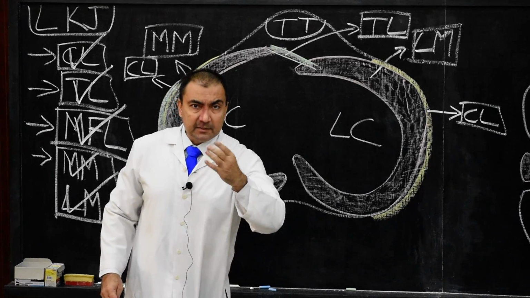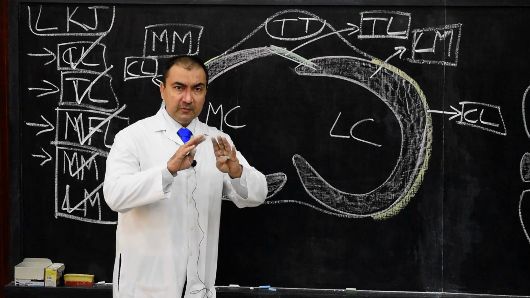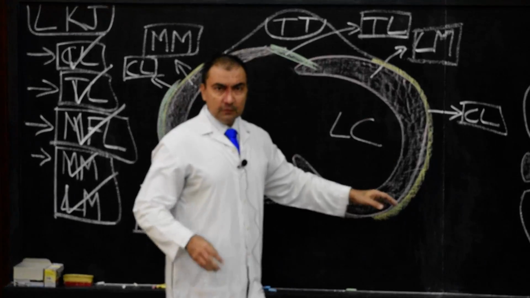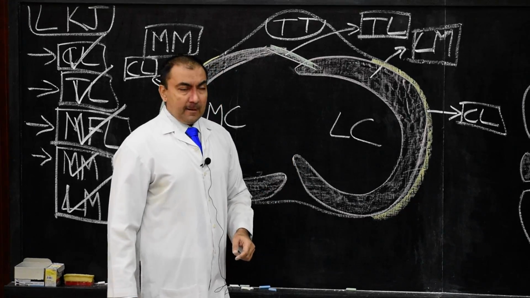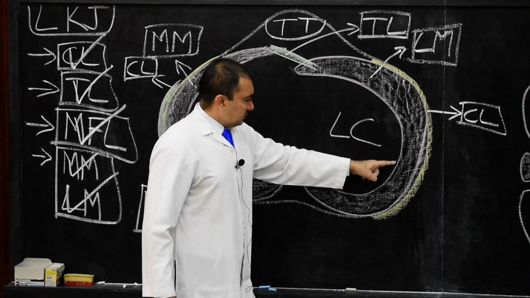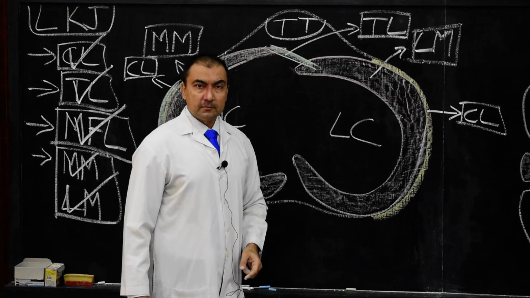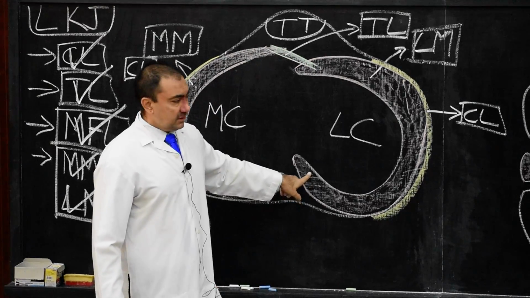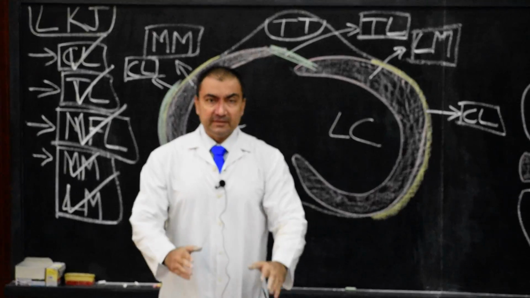Now we discuss the lateral meniscus, in the same way as we have discussed the medial meniscus. Very simple. The lateral meniscus will also have an anterior end and a posterior end. It will also have a medial border and a lateral border. The posterior end of lateral meniscus is connected with, as we have studied, the anterior and posterior meniscofemoral ligaments.